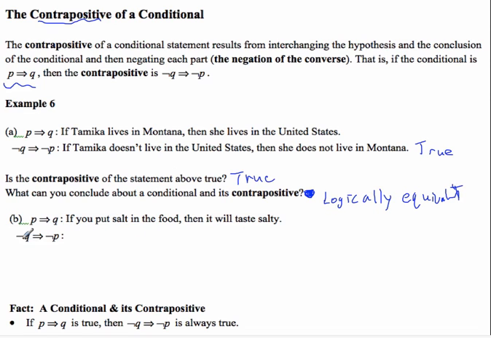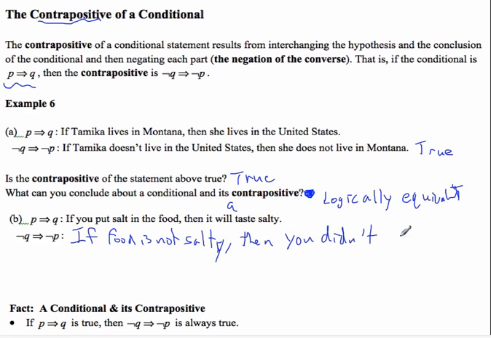Okay, so we construct the contrapositive here by saying, well, this is Q over here, so not Q is, if food is not salty, then you didn't put salt on your food. Which makes sense, right?